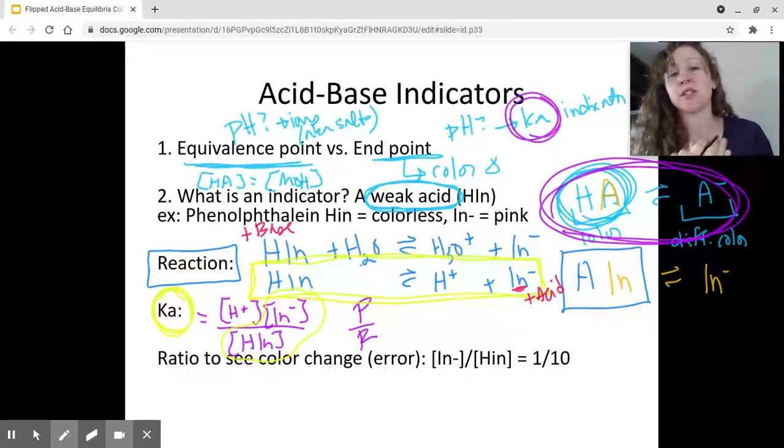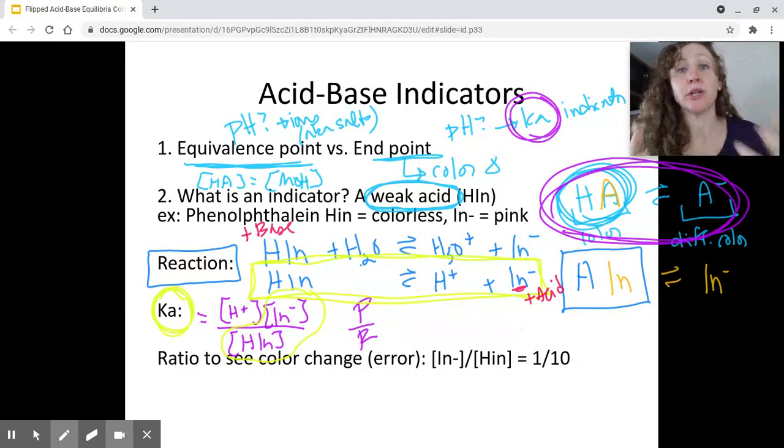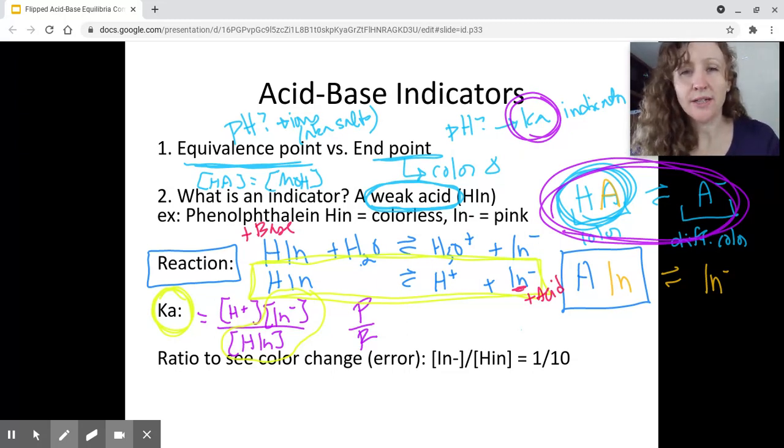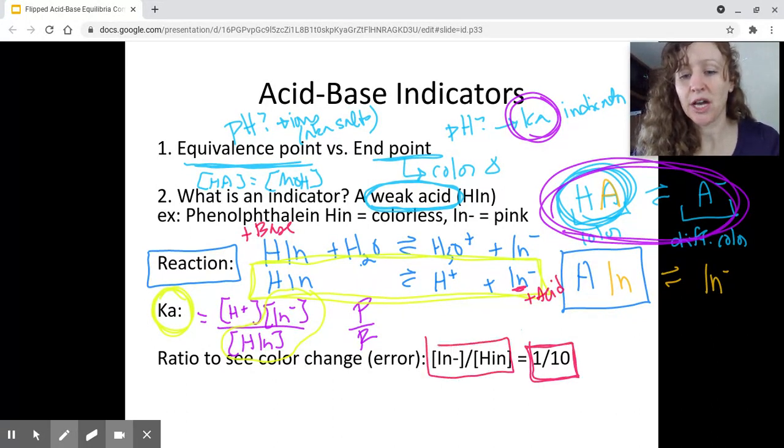The other question is, where can our eyes actually perceive a different color? And some work has been done with this. And what scientists have decided is that eyes can actually perceive a color change when it's about a 1 to 10 ratio of HIN to IN minus.